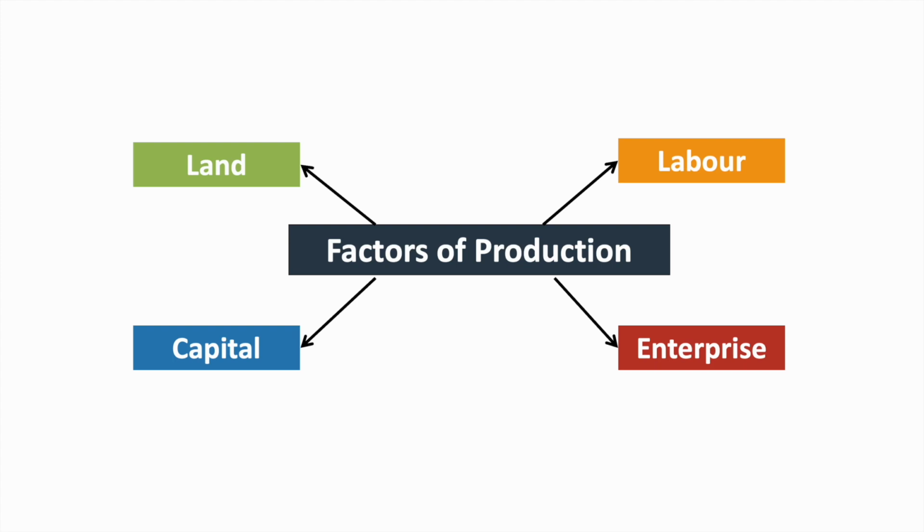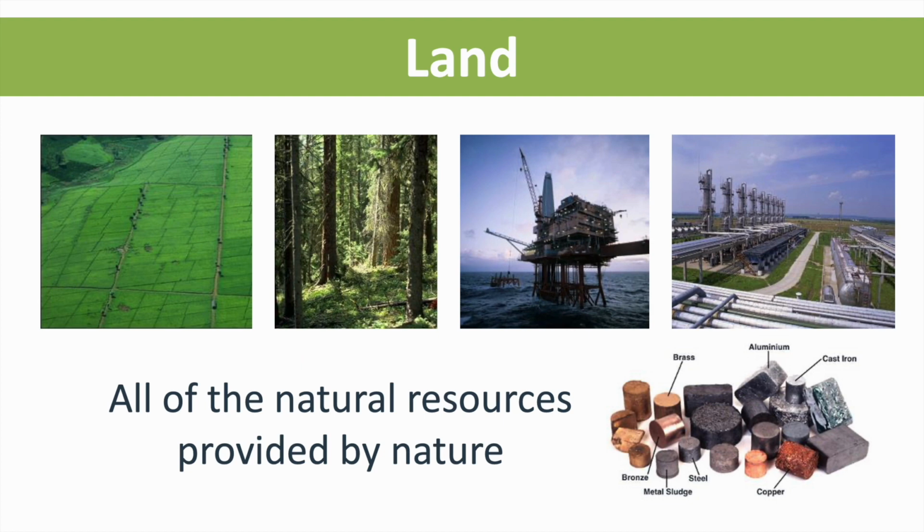Factors of production, there are 4 of them. We combine them to produce products. And what would be each of them defined as? So let's have a look. Land would be all of the different natural resources provided by nature, all the materials, even the space.